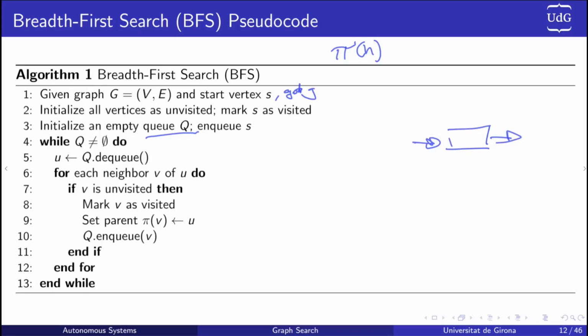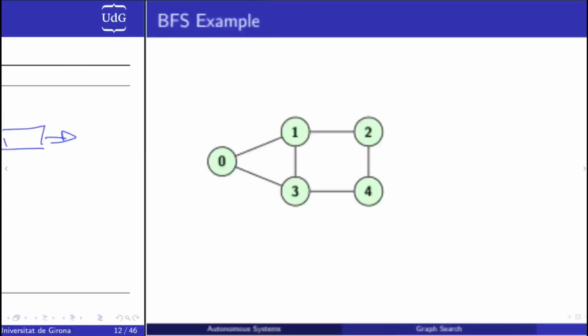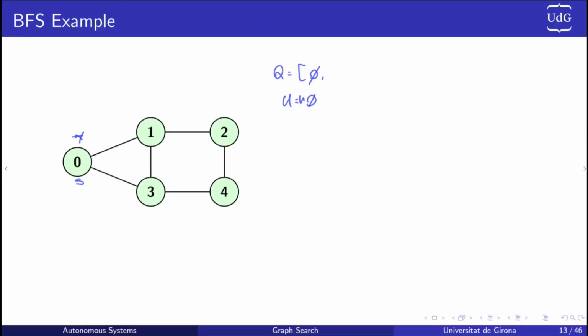Then for each neighbor B, I have to check if this neighbor is unvisited, mark it as visited, say that its parent is U, and put it in Q. Which are the neighbors of S? The neighbors of S, that is the node 0, are node 1 and node 3.